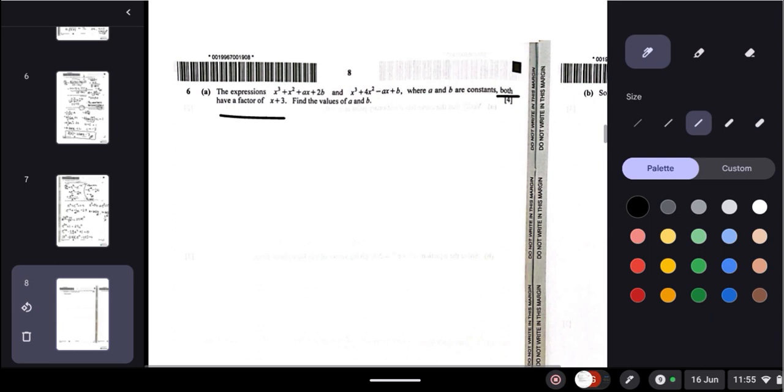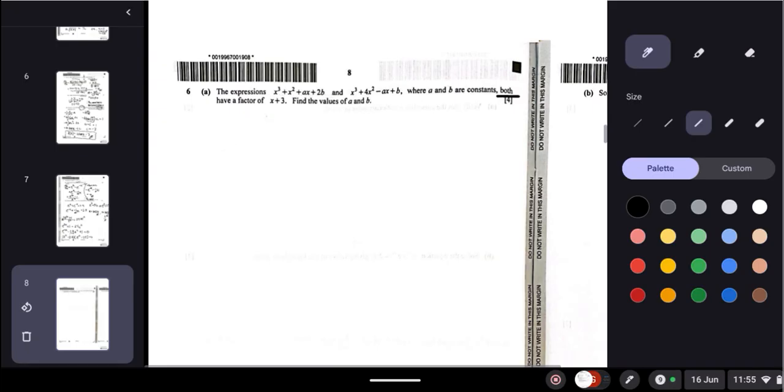Now, I have no space because I'm using an online pencil. But for you, I recommend writing down the equations one by one by writing f(x). Let f(x) be this, and let g(x) be this, so that you clearly understand what is going on.